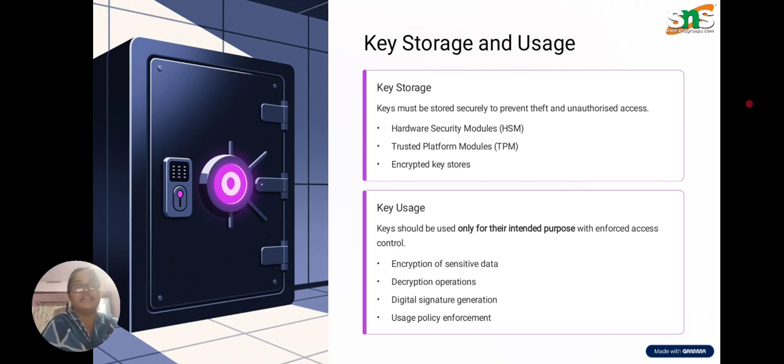After key storage, we move to key usage. The key should be used only for a specific purpose, like encrypting data, decrypting data, creating digital signatures, etc. Also, access to the keys should be controlled very strictly.